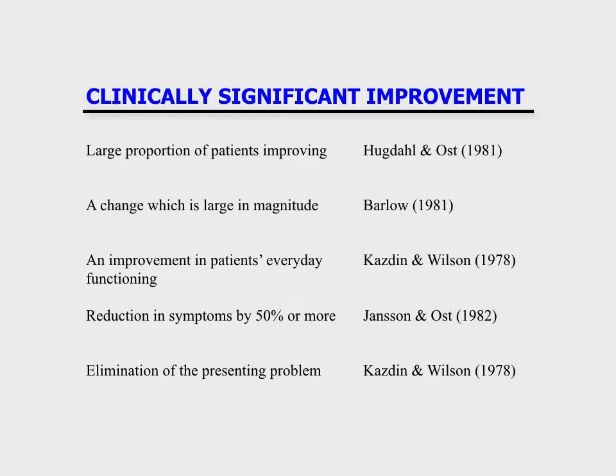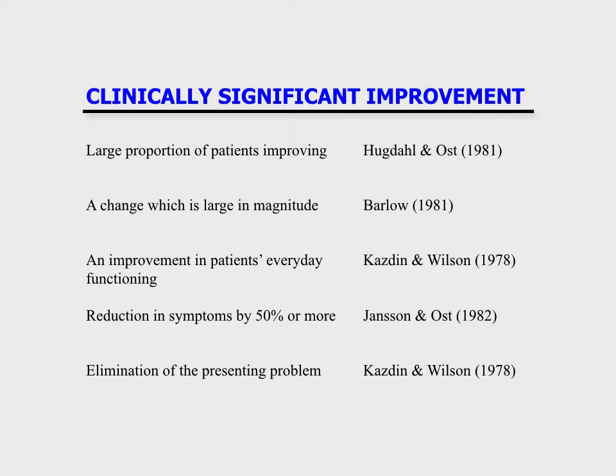An improvement in patients' everyday functioning. Again, this could also be related to athletics. So everyday functioning or a specific task, a specific sport, whatever it is, being able to see a large improvement in that might have real-world practicality. Reduction in symptoms by 50% or more, and that would be a little bit more related to the clinic.